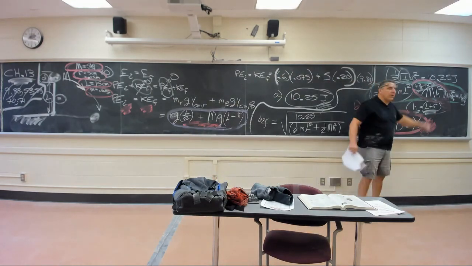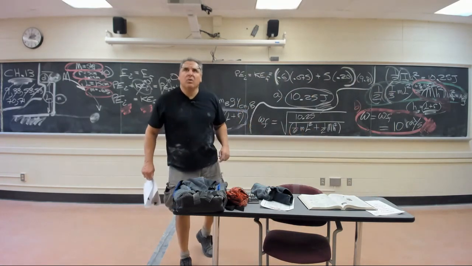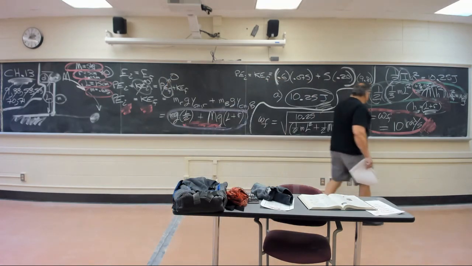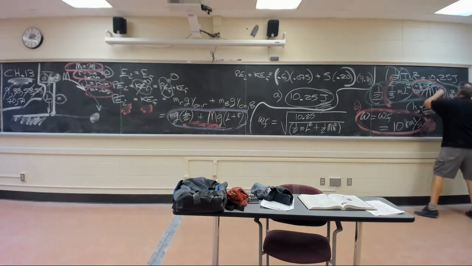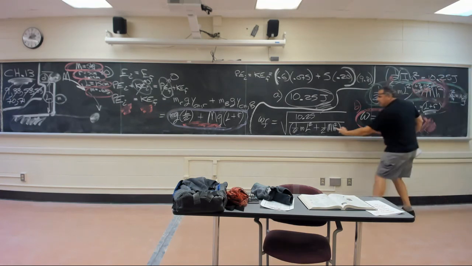Why are you going to get a smaller answer, you guys? That much we know. Because this whole matter right here, you just put something in here that wasn't in there before. It's 2/5 mr squared. When you divide by this, it's a bigger thing on the bottom.